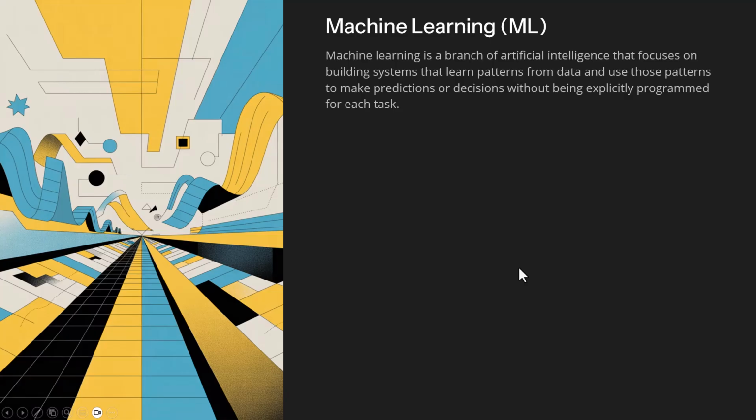Here's the definition I decided to go with for machine learning. Machine learning is a branch of AI that focuses on building systems that learn patterns from data and use those patterns to make predictions or decisions without being explicitly programmed for each task. In many cases, that is going to be the goal for machine learning.